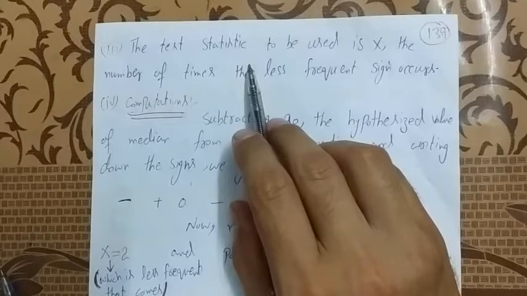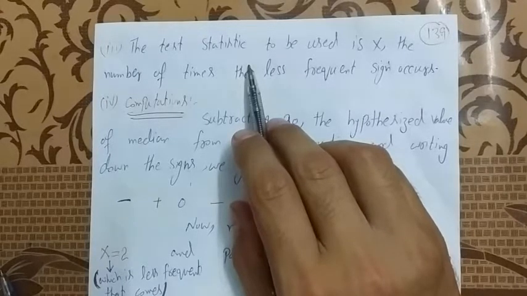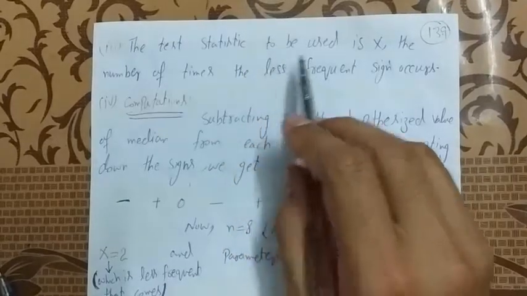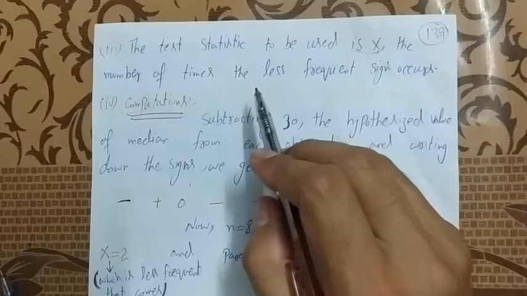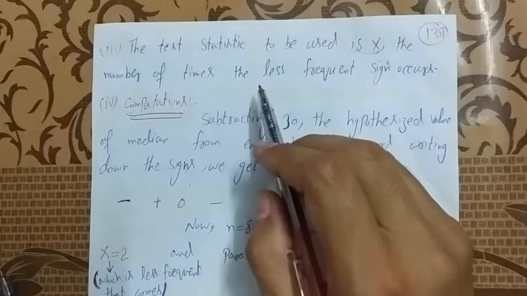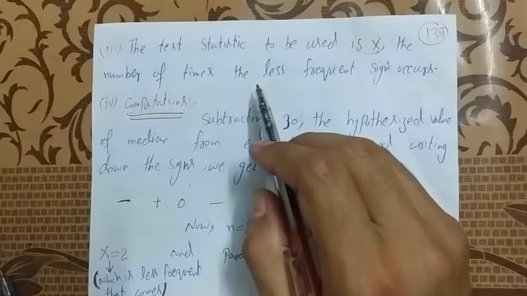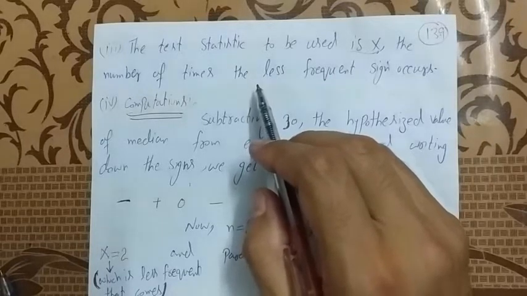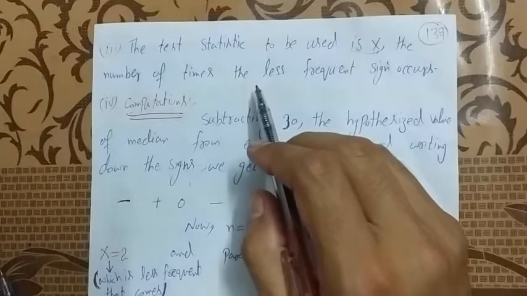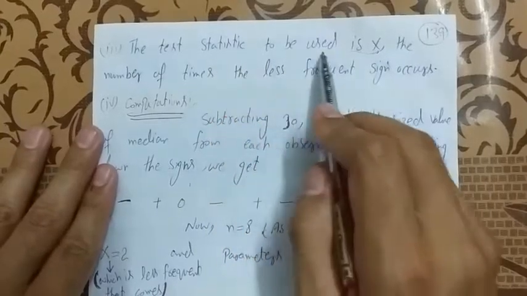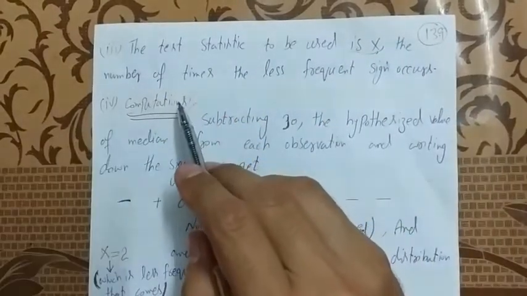If we have a sample less than 10, then we use the binomial formula for test statistics, which is X. And when the number of differences, positive or negative, exceeds 10, then we use the formula of Z that I explained in the previous video. Students, in the third step, the test statistics to be used is X, the number of times the less frequent sign occurs.